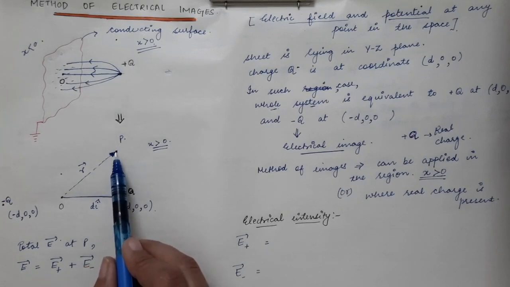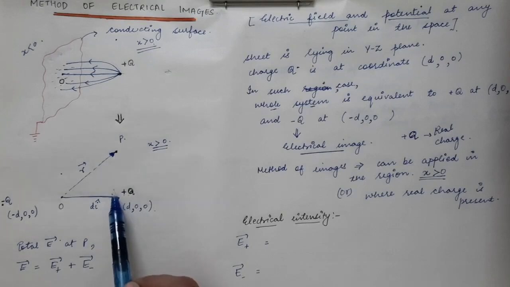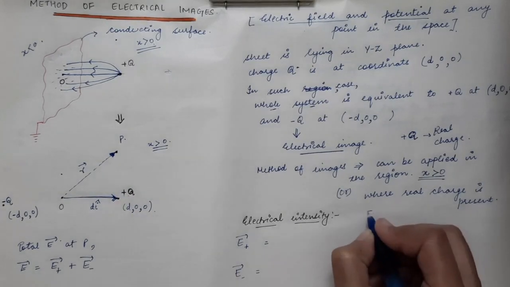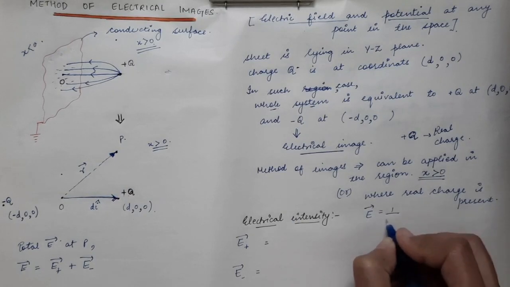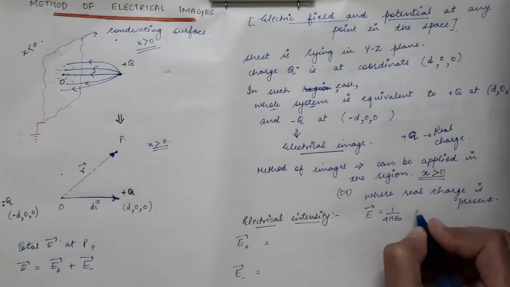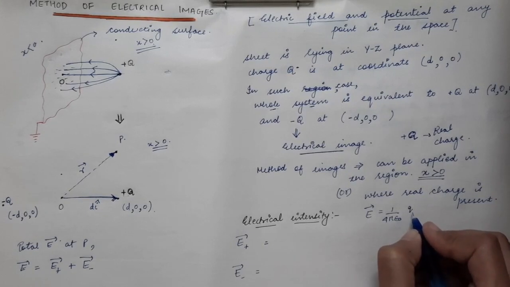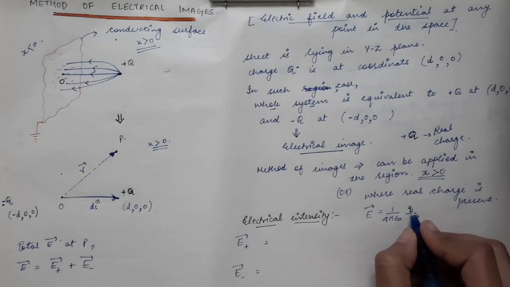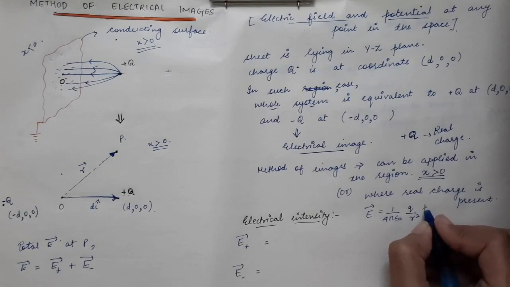So now we find the electric field intensity at P due to plus Q charge. Electric field intensity is given by 1 by 4 pi epsilon naught into the charge Q, divided by r square, which is the distance of the observation point from the charge Q, into r cap.